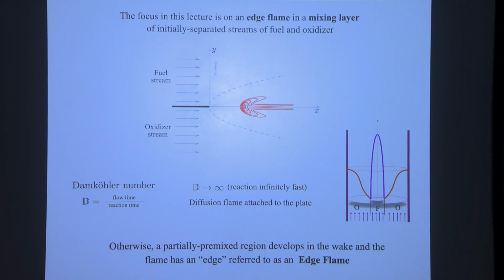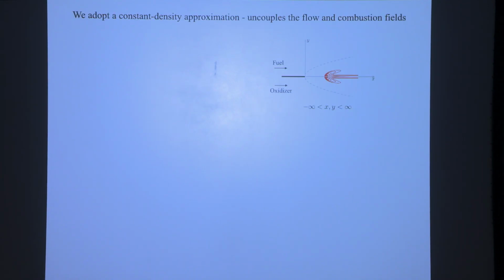So that I have already defined. Edge flame, I mean a flame that has an edge. Now, remember, the edge is not hanging out just like this. It's, of course, supported by a flow. So, in other words, the flame is sustained by this incoming flow.